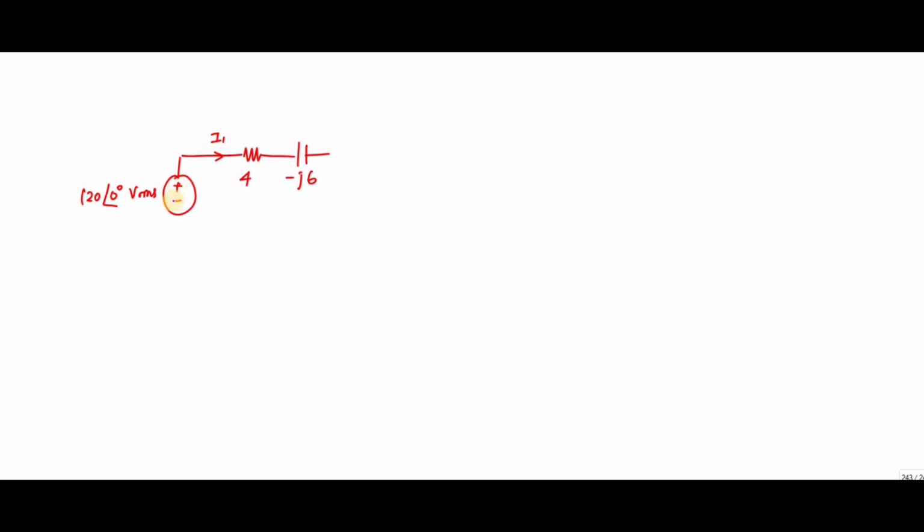This is 20, so you have to write 20 divided by n square, where n value is 2. So this is nothing but 5. For this, I can write Zn is equal to 4 plus 5 minus 6j, so this is nothing but 9 minus 6j.